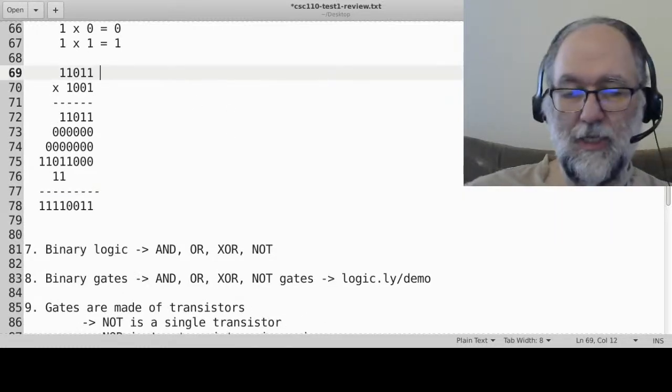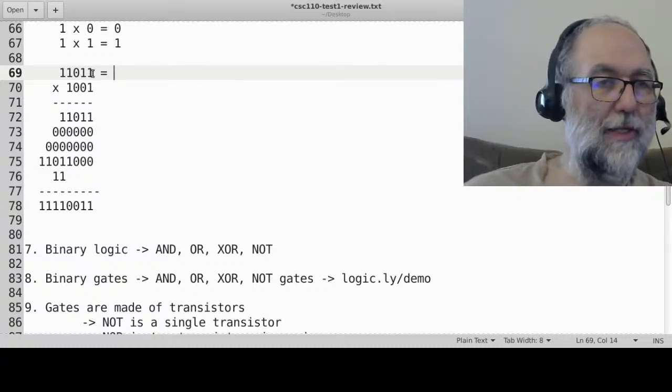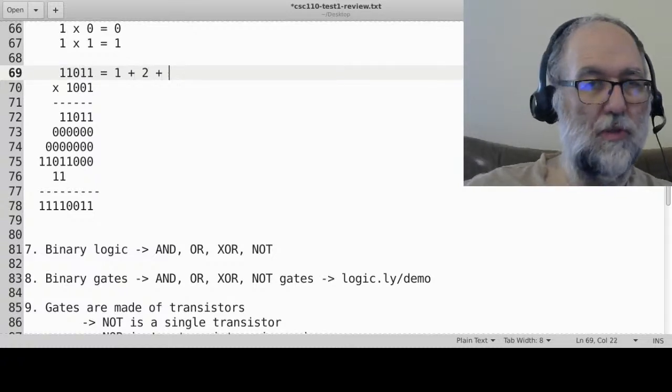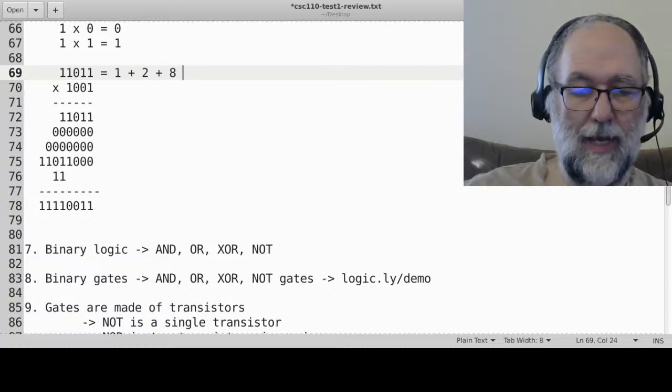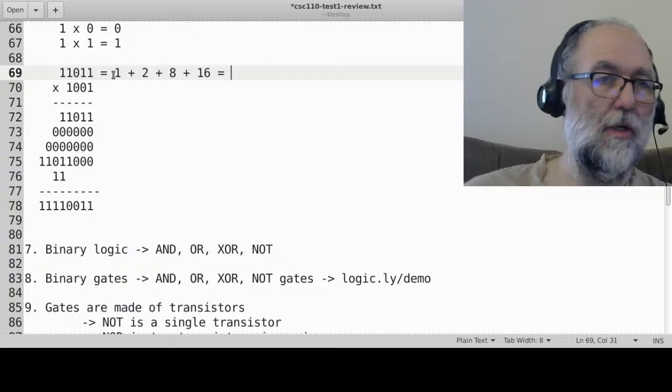So on the test I'm not going to ask you to check, but why not, right? We're doing it together. To do the check, convert: 1 plus 2, no 4s, an 8, and a 16. And let's see what that's equal to.